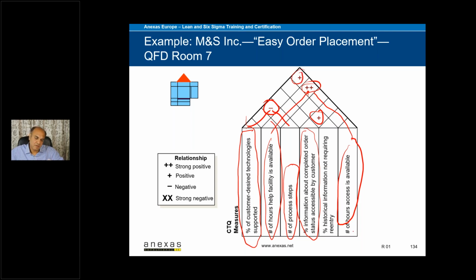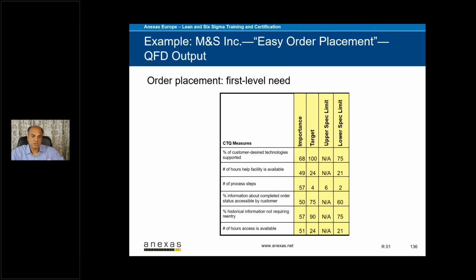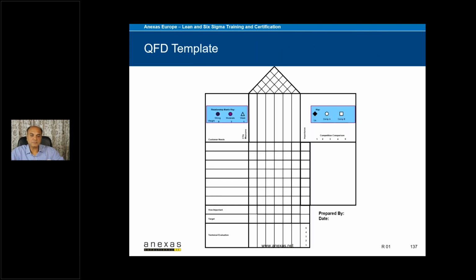Number of hours access is available and number of technologies supported: the more technology supported, the more the number of hours accessible. So both are supporting each other. That completes our quality function deployment, and this is how QFD is done. Finally, a QFD or house of quality looks like that, and it is very much used to design any new product or any new process.